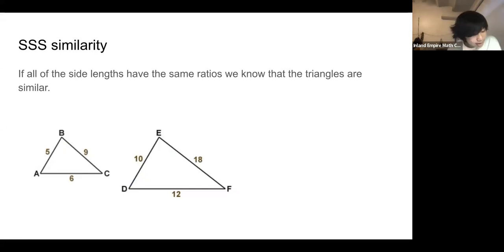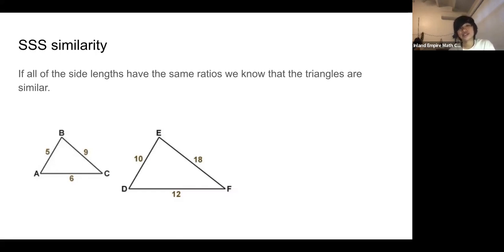So in this case, does anyone want to see what the side length ratios of these two triangles are? And this one is actually very similar to congruence, right? Because we proved congruence before, and all we need to do now is apply this to similarity. So instead of just the exact side lengths, we have the side length ratio.